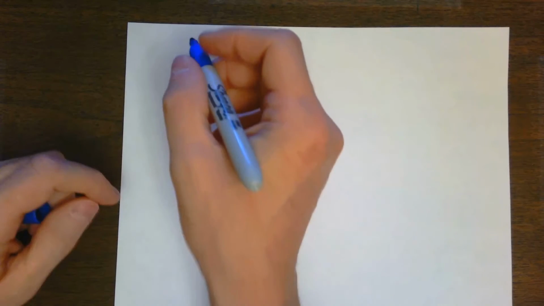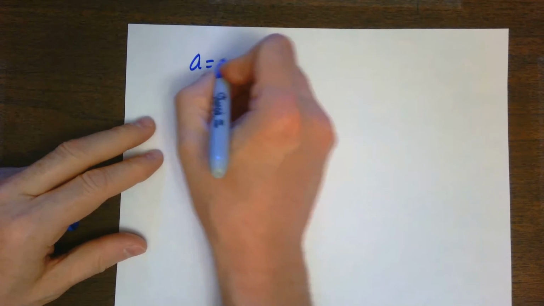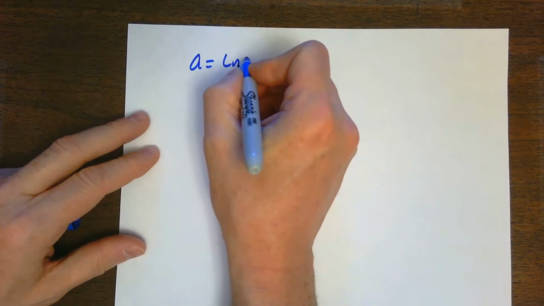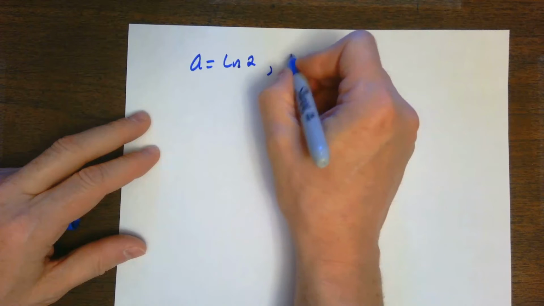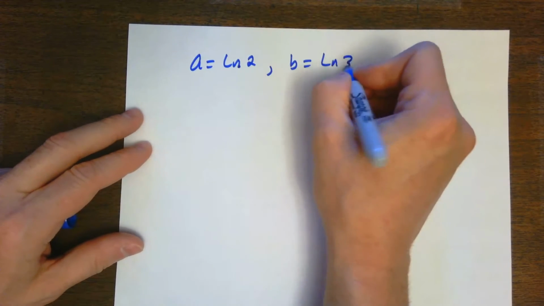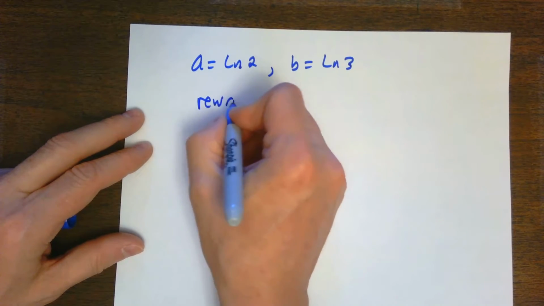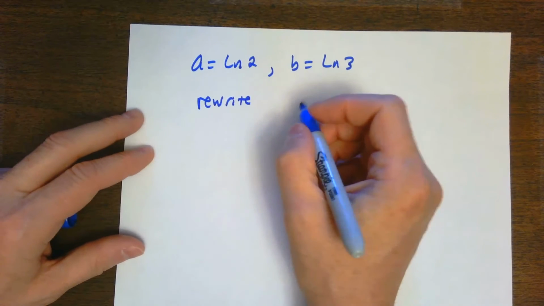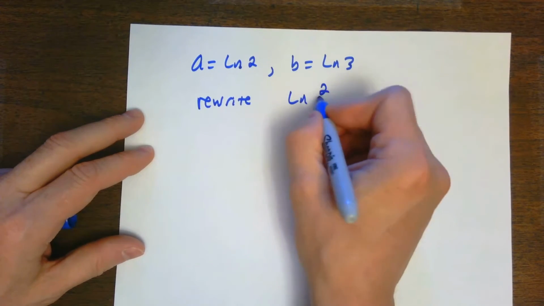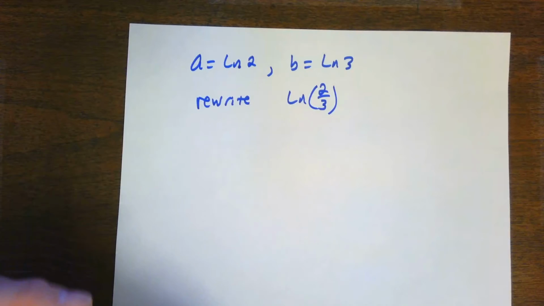Numbers 29, 31, 33, 35 are using some special properties of logarithms. Let's do one of those. It says that a is equal to the natural log of 2, and b is equal to the natural log of 3, and it wants me to rewrite things like the natural log of 2/3.